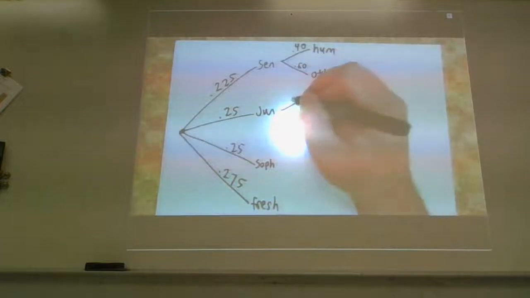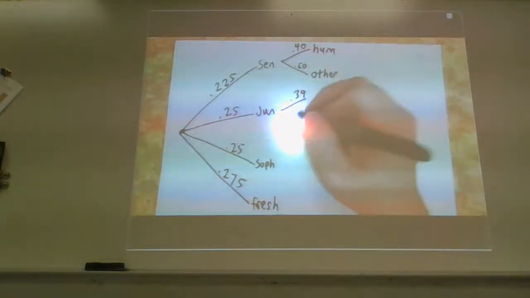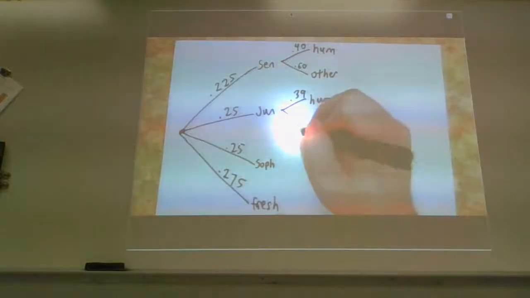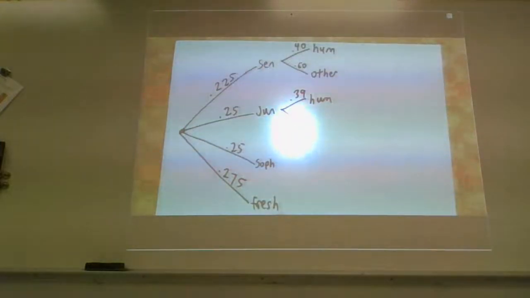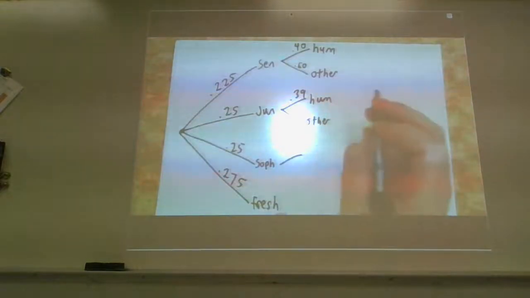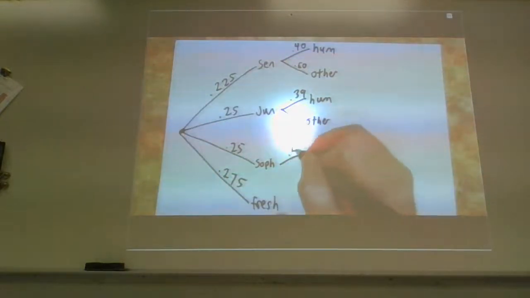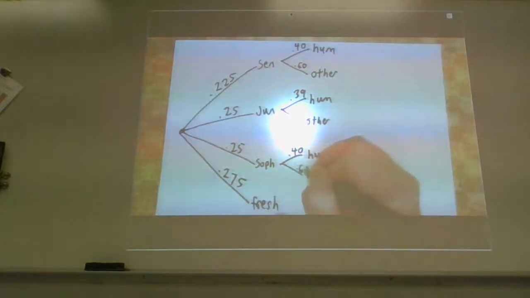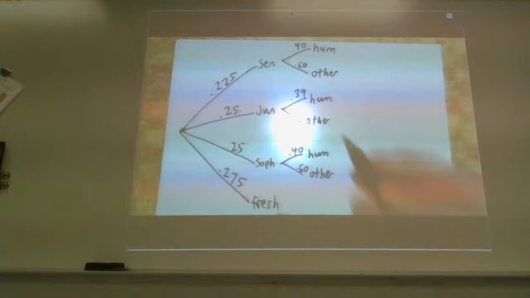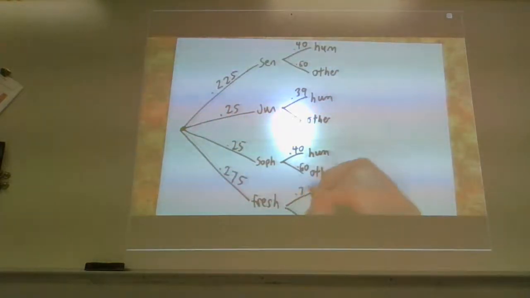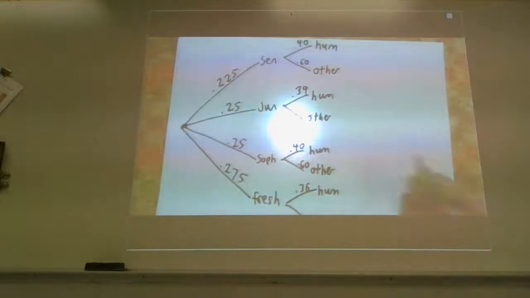Of the juniors, 39% were humanities majors, and 61% were not. They were other. Of the sophomores, 40% were humanities majors, and 60% were other. And of the freshmen, 36% were humanities majors.